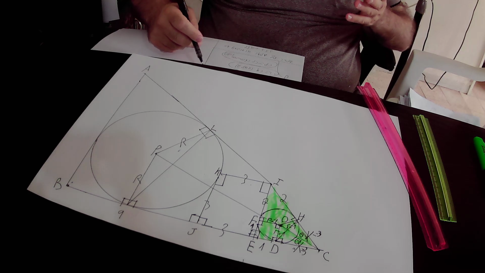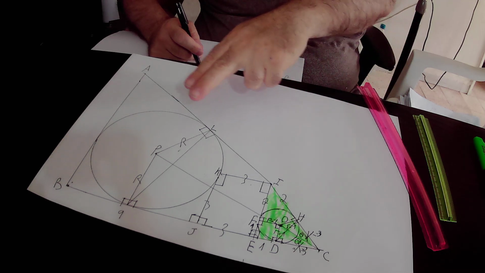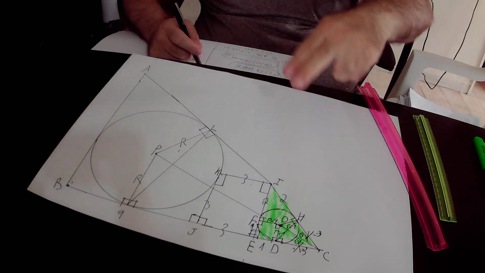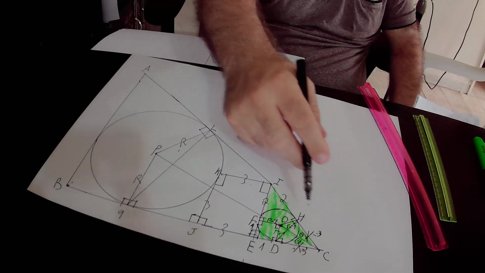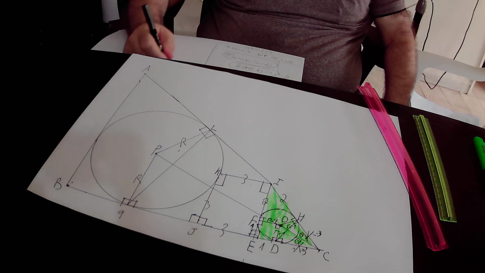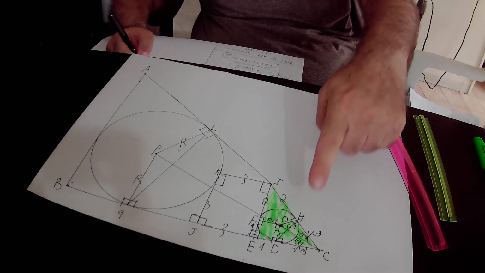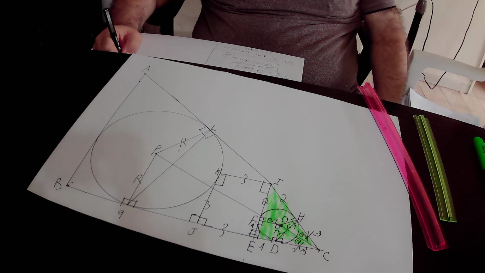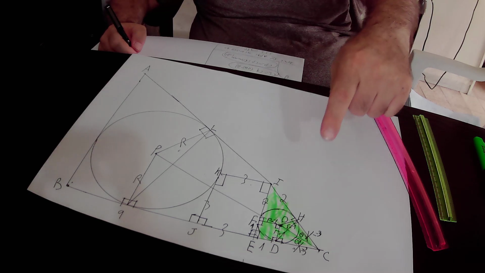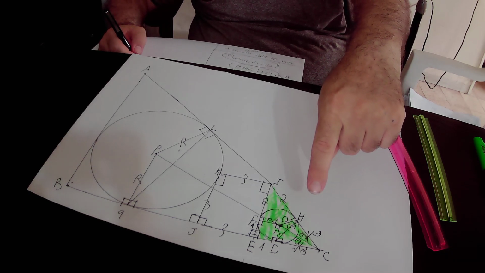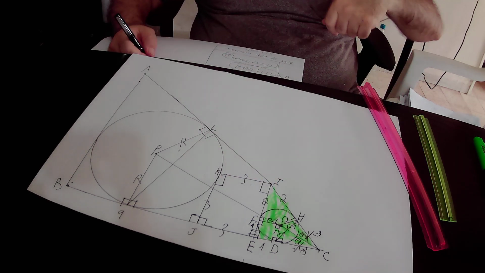So we can derive from what we did until now that CP is the angle bisector of angle C. Why? It bisects angle C into two arcs, each arc equals theta, in triangle LQC.